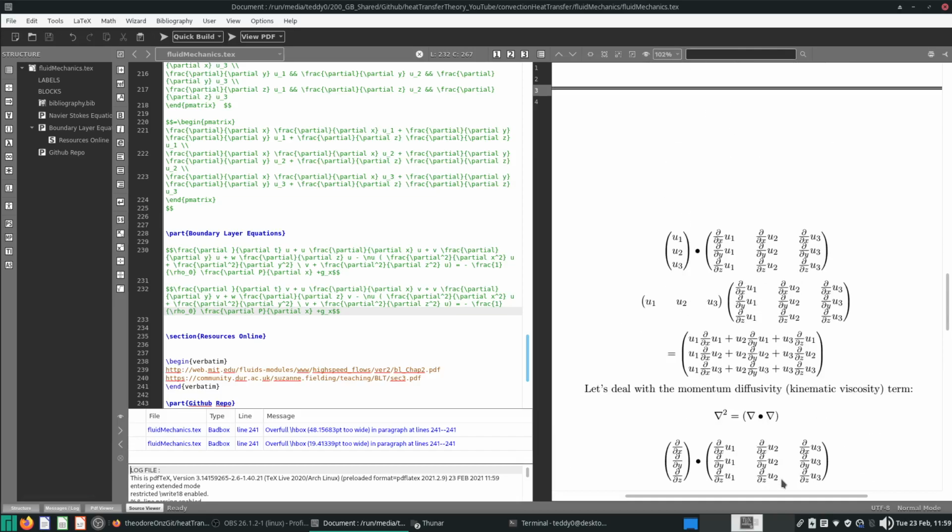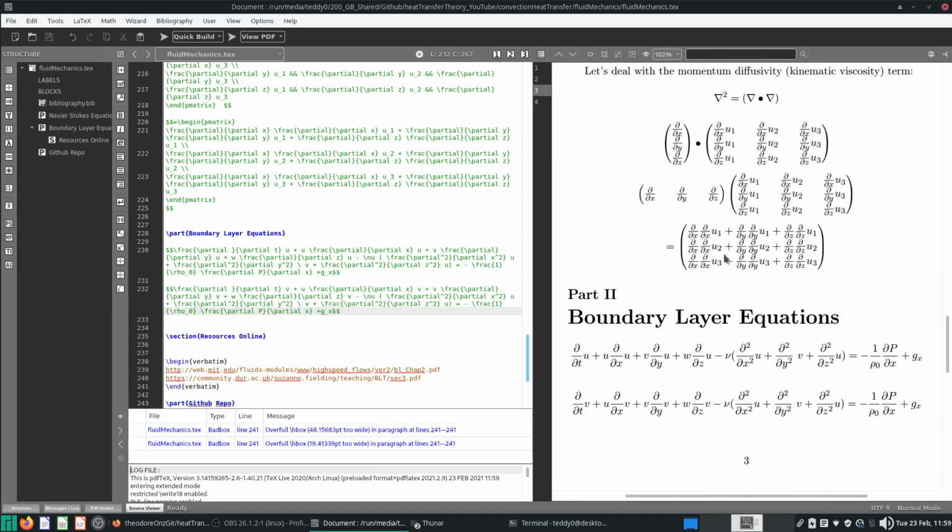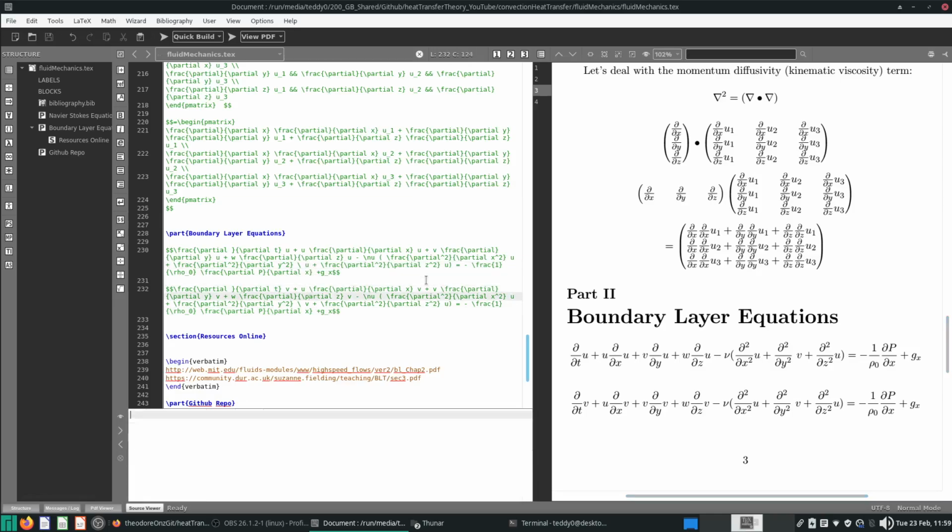Let's check. So the Laplacian term will be all u's. Here it needs to be a u. Let's change this to a u, and the Laplacian term will operate on the velocity of interest, of course. So the second equation is the y momentum equation.